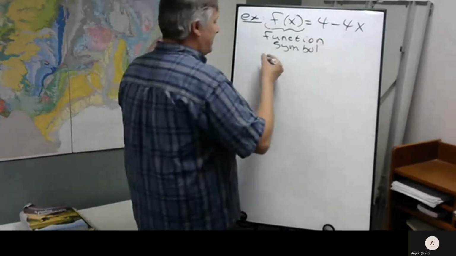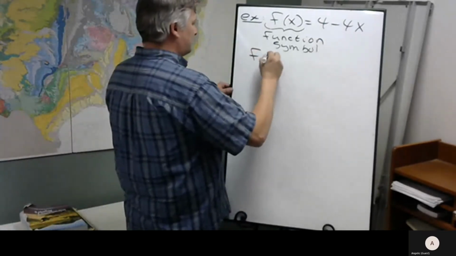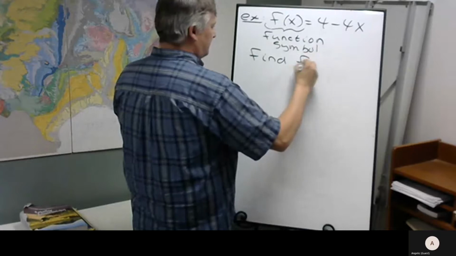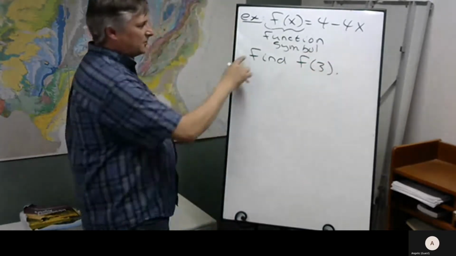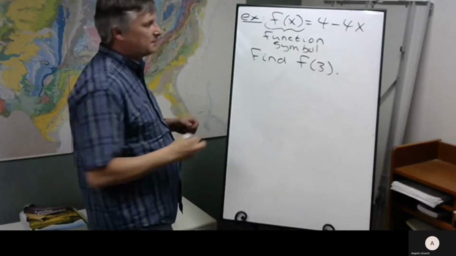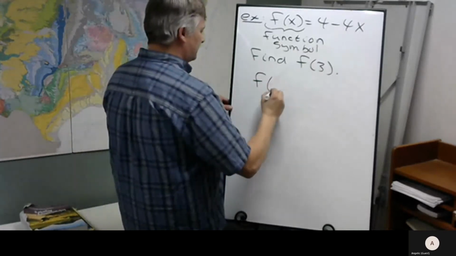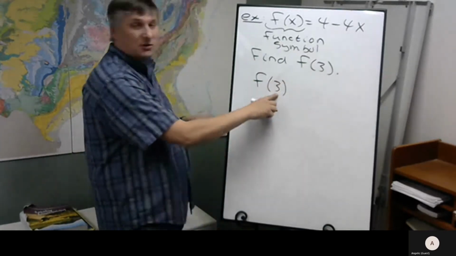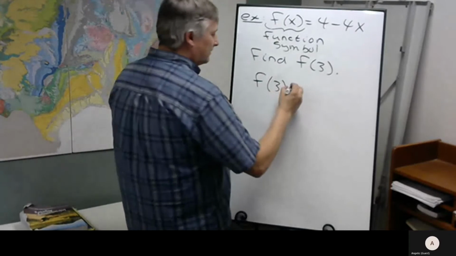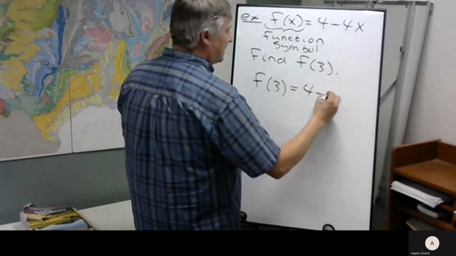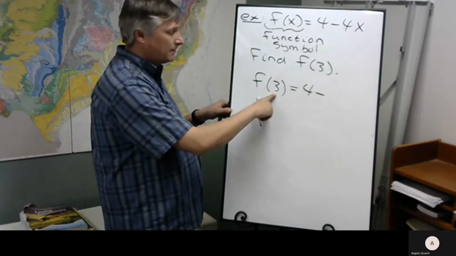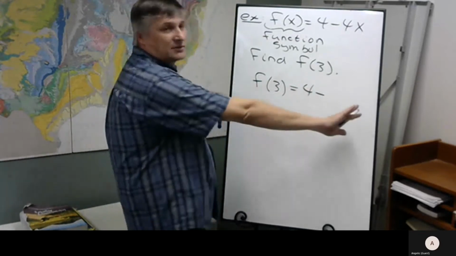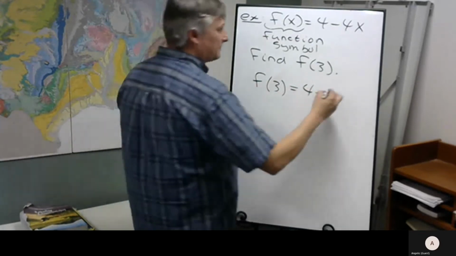So let's say we want to find f of 3. So in this case, what you would do is say f of 3. So 3 is going into the factory, is 4 minus, and again, every x, if we replace the x here with a 3, that means all the x's are going to be replaced with 3's.